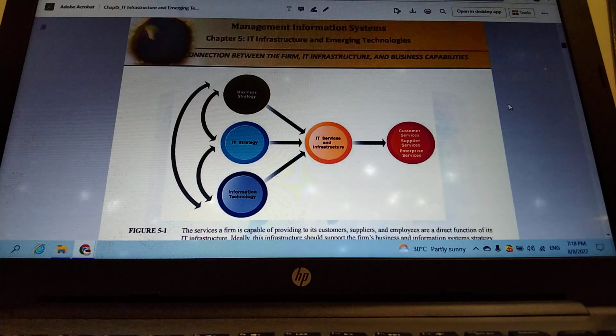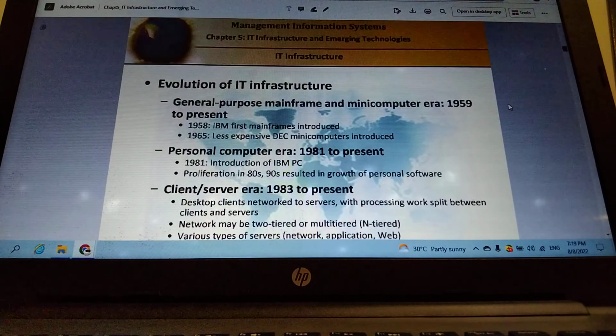As a business, you might have a business strategy, an IT strategy, and all the IT assets. All those are the input for the IT services and infrastructure for that particular business in order to provide customer services, supplier services, enterprise services, business services, IT infrastructure services, and so on. So that is the connection, the relationship between the firm, IT infrastructure, and business capabilities.